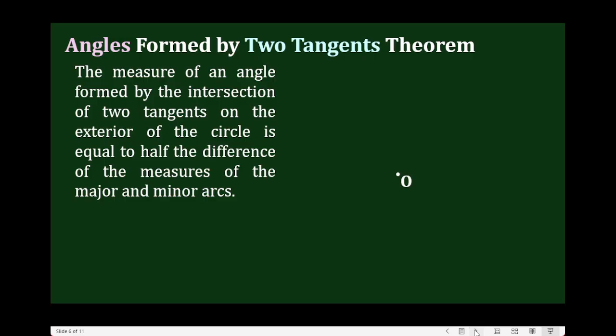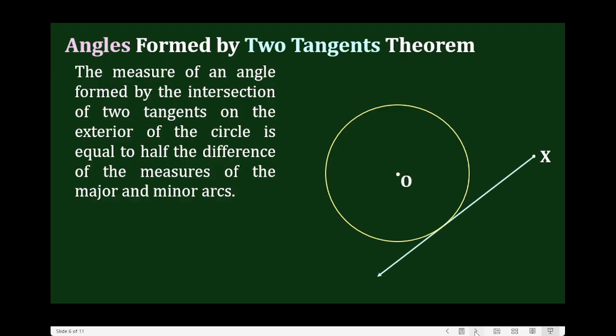So if we have another circle whose center is at point O, so this is circle O, and we consider a point in the exterior of the circle, and we name this point as point X. Then we draw a tangent line from point X, and the point of tangency is point G.